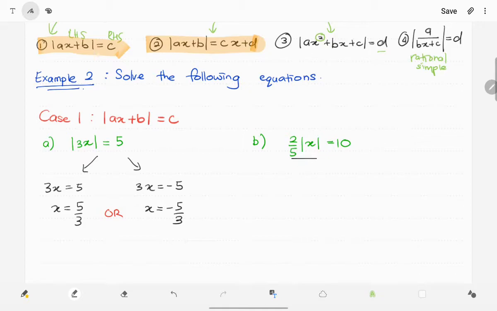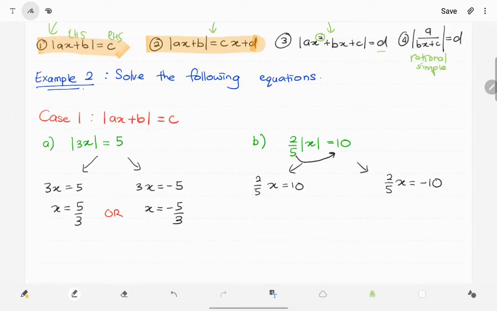So let's look at b. 2/5 modulus x equals 10. First things first, you can either bring the constant to the right first, or you can just directly split it into 2. In this case, I want to split into 2. So 2/5 x equals 10, or 2/5 x equals -10.